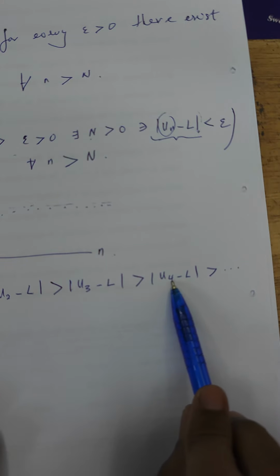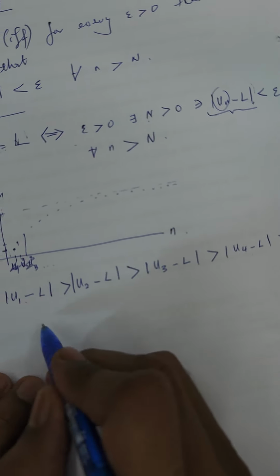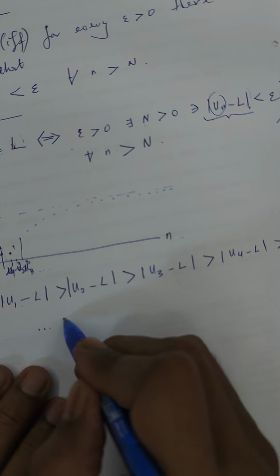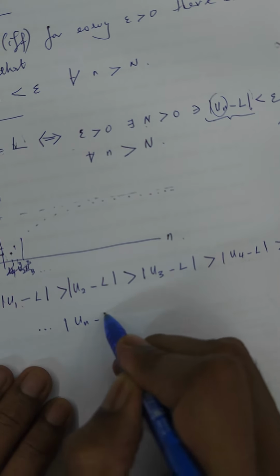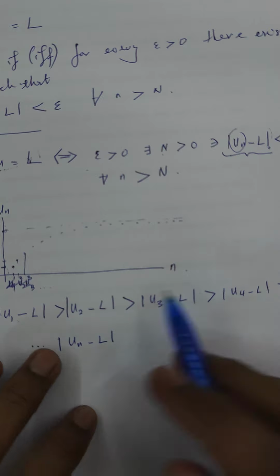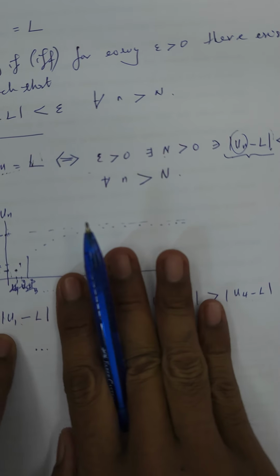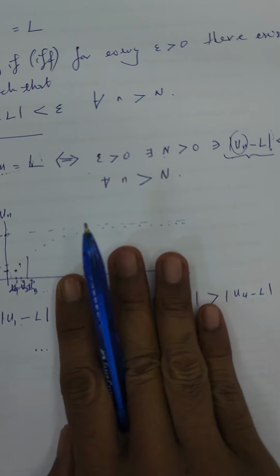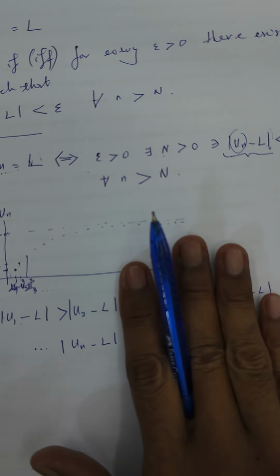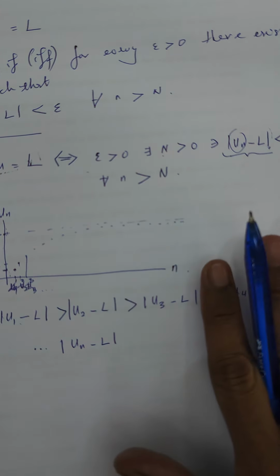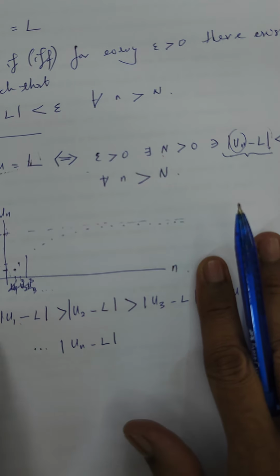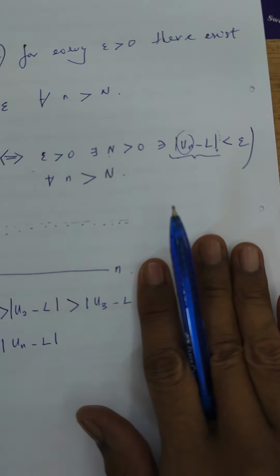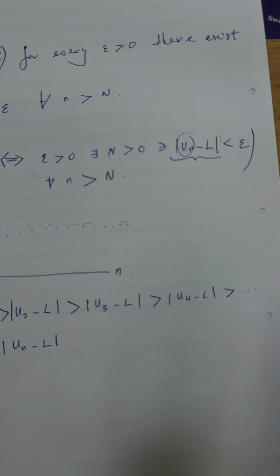Then you can extend this up to the general term, un minus L. It gives you some numbers, pretty big. Then a little bit smaller, un minus 2 still gives a number, and this one is much smaller compared to the previous one.